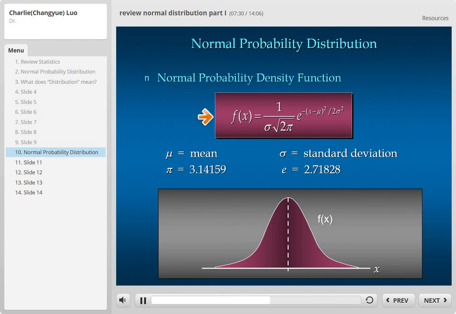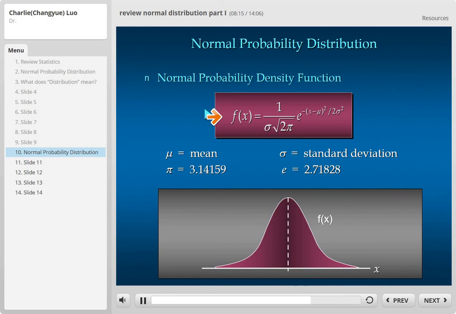By the way, a lot of times we see a relatively complex formula and we get scared by it. In this class we do not use this formula too much, and this one probably will not show up too many times. And the good news is, in this class, you do not need to memorize this formula. You do not need to even know how to use this formula to calculate.